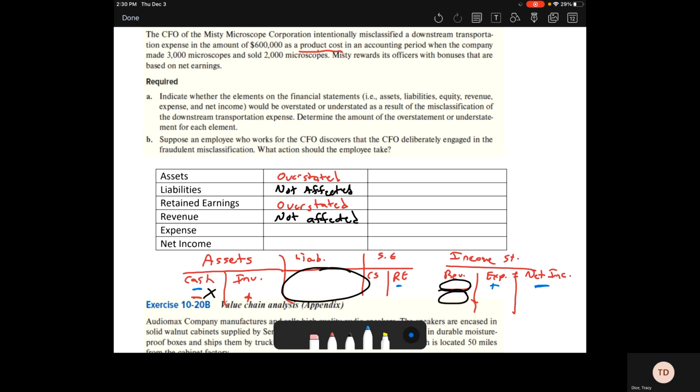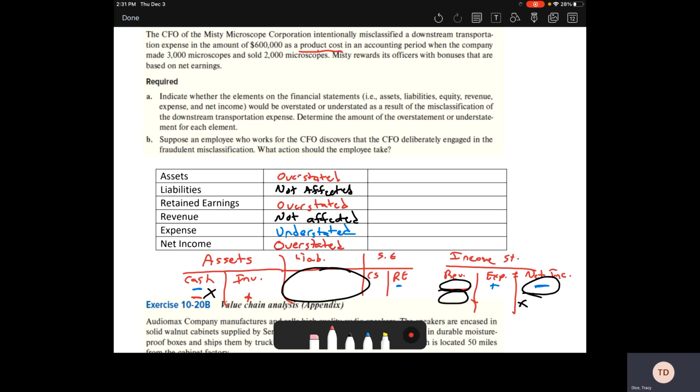So our expenses should actually be understated, because they should have added something into our expenses, but instead we didn't. So then finally, my net income. Before, it was being subtracted because of that expense, but now because it's over here in inventory, nothing happens to it, which means we again have an overstated net income.